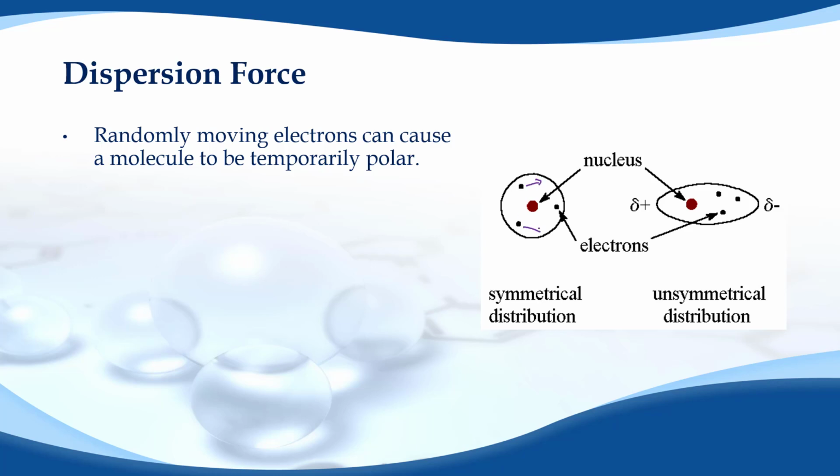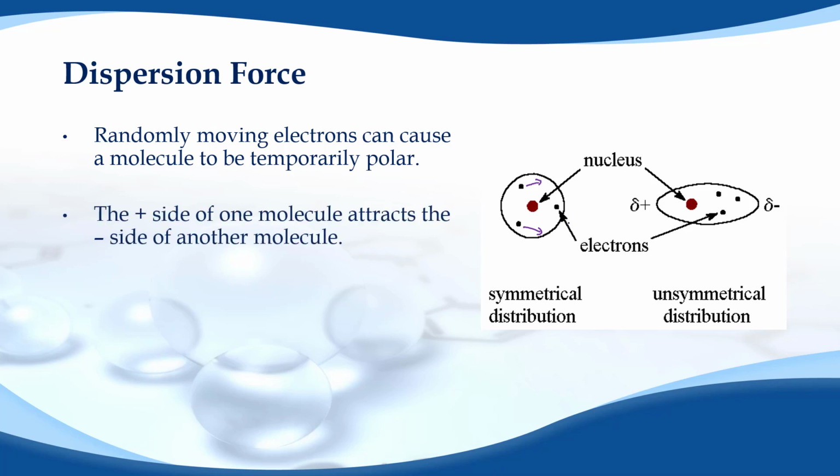If that's the case, then the side that has more electrons is going to be slightly negative. The side that has fewer electrons is going to be slightly positive. This creates what's called a temporary dipole. Dipole meaning separation in charge, plus side, minus side, just like our polar bonds. But temporary because as soon as the electrons go back to their original distribution, that separation is gone.